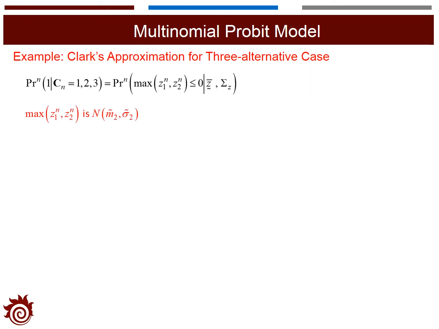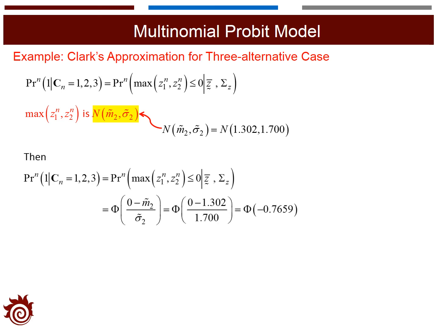Then we can find out the probability of taking alternative 1. We know that the maximization follows a normal distribution with M2 tilde and sigma 2 tilde. Then the probability becomes capital phi of 0 minus M2 tilde over sigma 2 tilde. Here we have M2 tilde as 1.3 and sigma 2 tilde as 1.7.